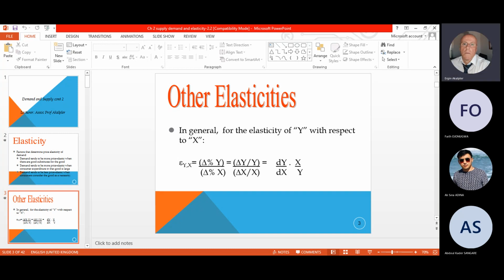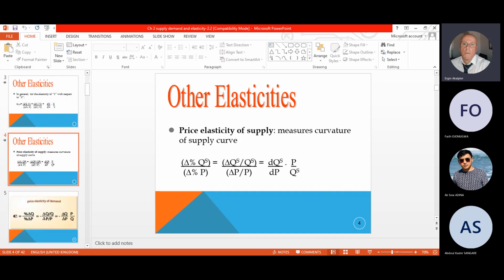Then delta y over delta x multiplied by x over y. The price elasticity of supply will be the percentage change of the quantity supplied, where the last supply quantity is subtracted from the former supply, divided by the percentage change of the price, where the price of the last period is subtracted from the former period.